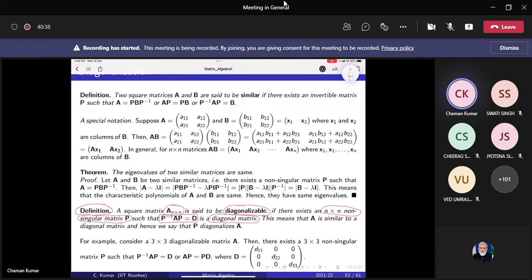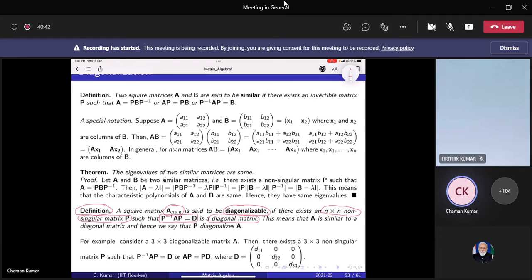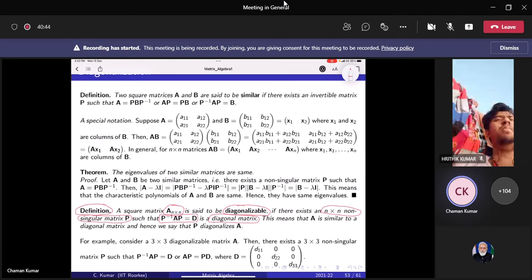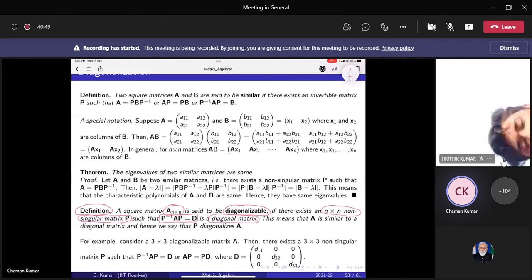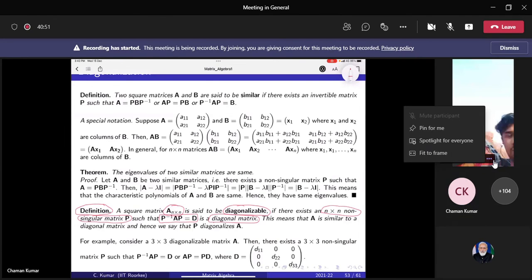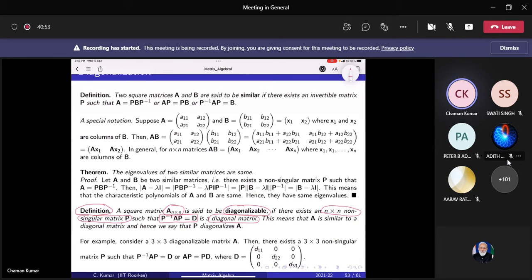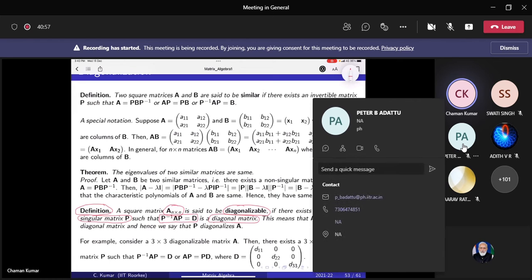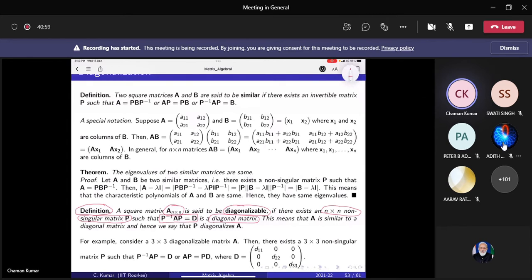So in simple words, if A is similar to a diagonal matrix, then A is said to be diagonalizable. And A is similar to a diagonal matrix means that there exists an invertible matrix P such that P inverse AP is equal to D. Okay.